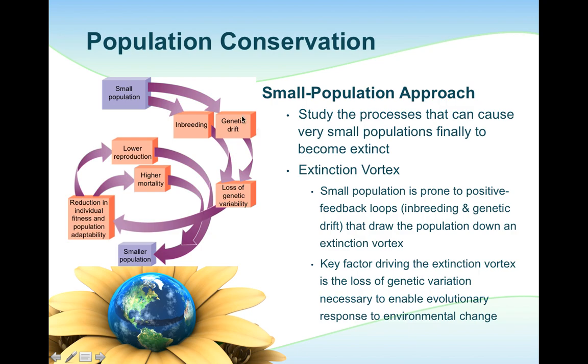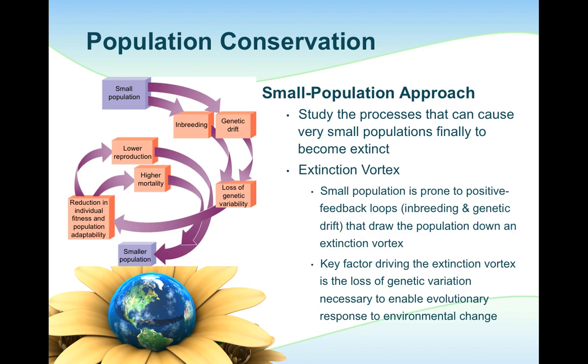And then you also have genetic drift, where they're not getting new influxes of genetic material. Ultimately, those two combined cause a loss of genetic variability, a loss of genetic diversity within that population.